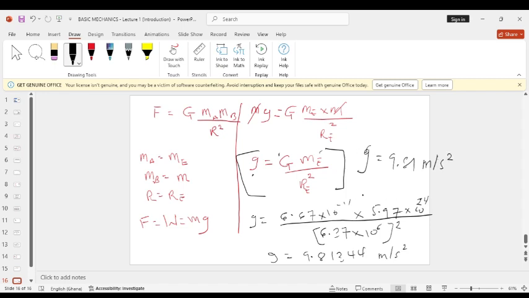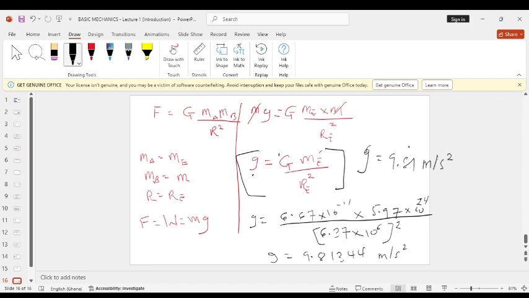So that's how g was derived after Newton proposed the gravitational law, which states that the force of attraction between two bodies is proportional to the product of their masses and inversely proportional to the square of the distance between them.